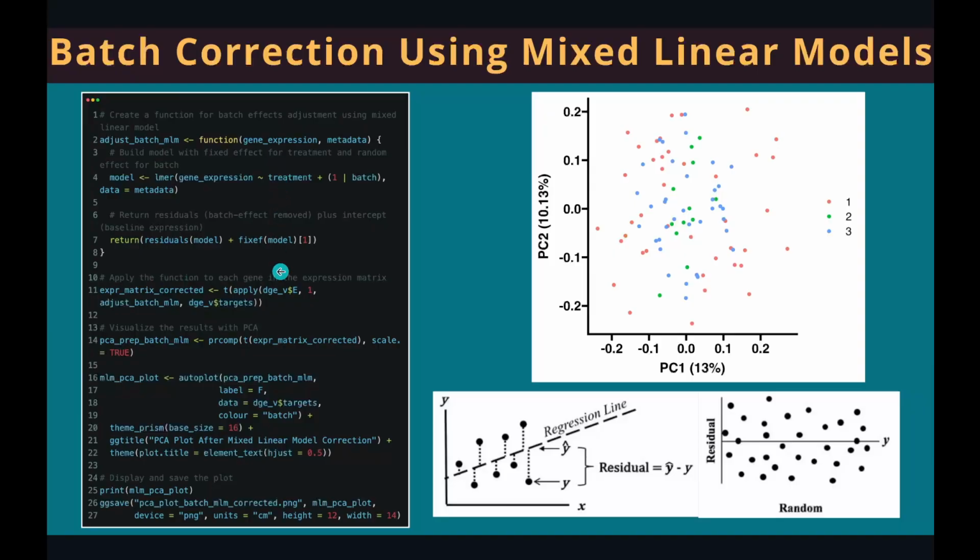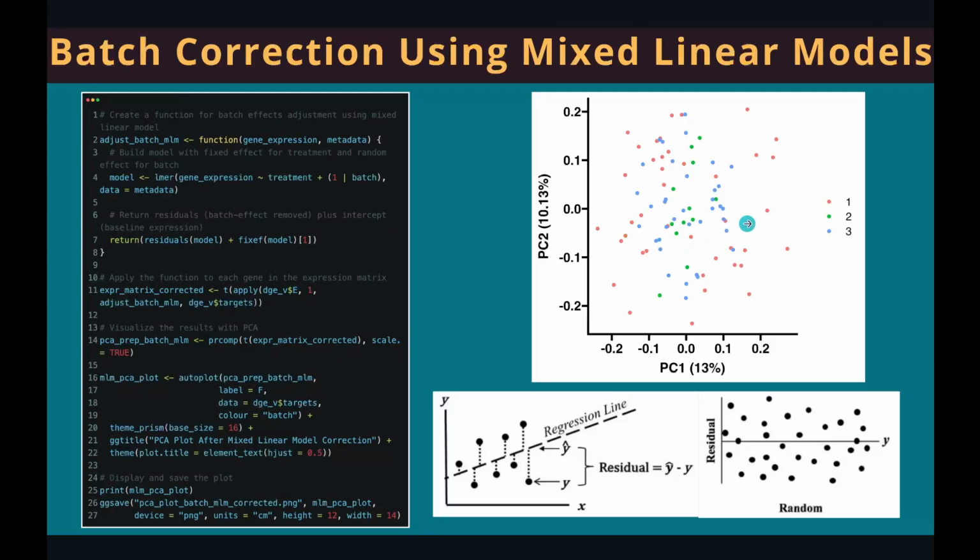Because the function only works for one gene, we have to loop through the entire gene expression matrix. So we call the function using apply. Apply is a vectorized loop to loop the function through the entire dataset for all 20,000 genes. And then we convert back to the same format as the original gene expression matrix. And then we make the PCA plot as we did before.